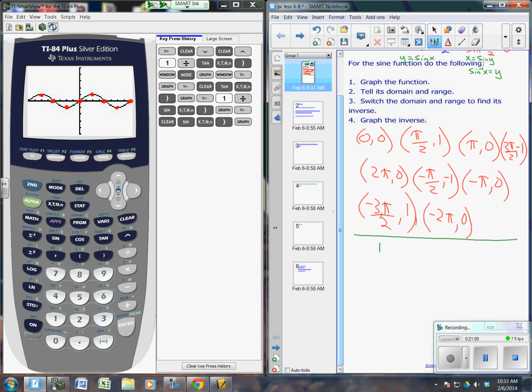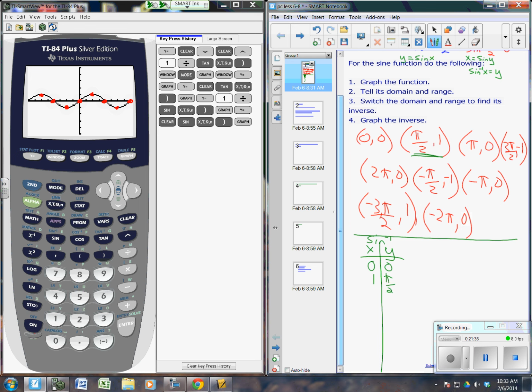So I'm going to make this one into a table of values, my inverse. I'm going to call this sine inverse. And so when we do sine inverse, we switch which ones are the x and y coordinates, okay? 0 comma 0 does not change, does it? But what's the pi halves comma 1 switch to? 1 comma pi halves, right?